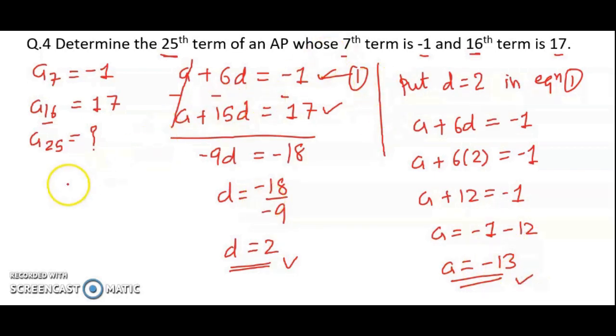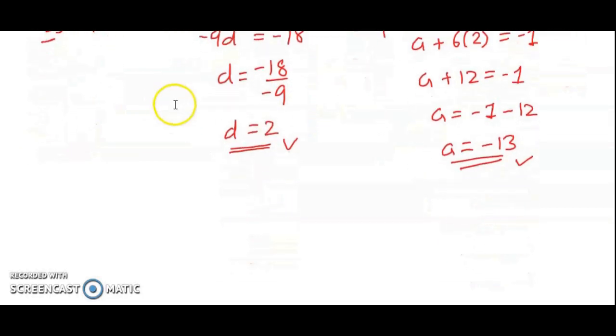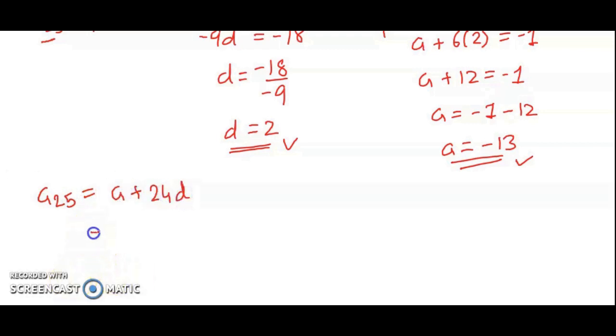Now here we want to determine A25. To find out A25, we know the formula for A25, that is A plus 24D. A is given here minus 13 plus 24 and D is 2.